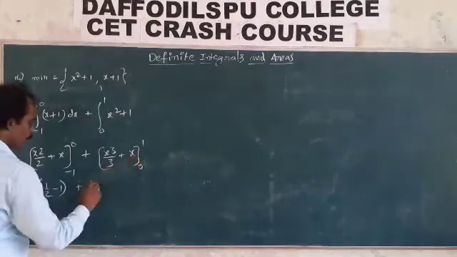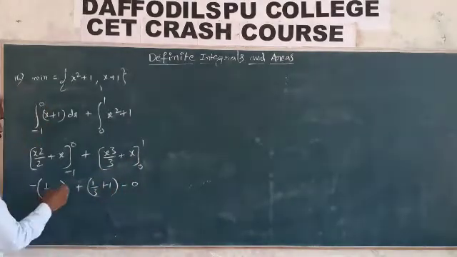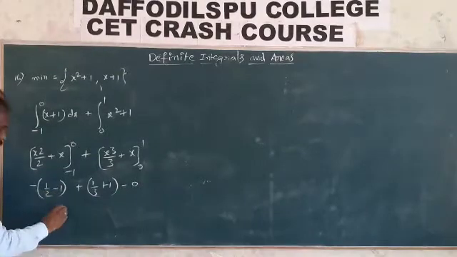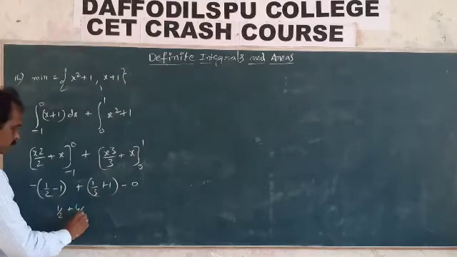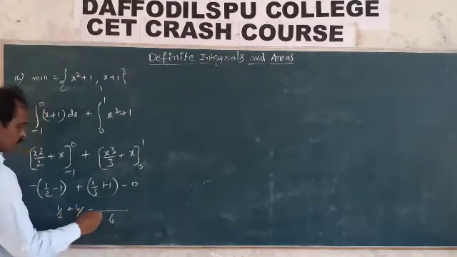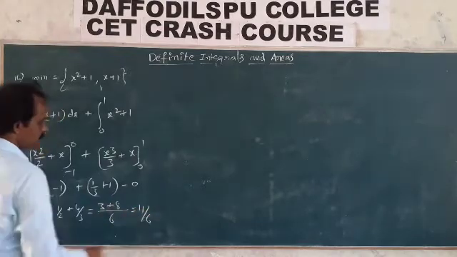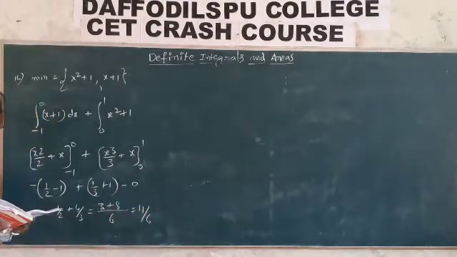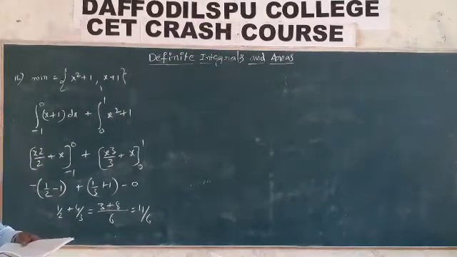Plus, for the upper limit, 1 by 3 plus 1; for the lower limit, the total value is 0. Minus 1 by 2, minus into minus plus 1 by 2, this value is equal to 4 by 3. So 6, 2 3s, 3 2s, 8, 11 by 6 is the answer. First option is the correct answer. Right.